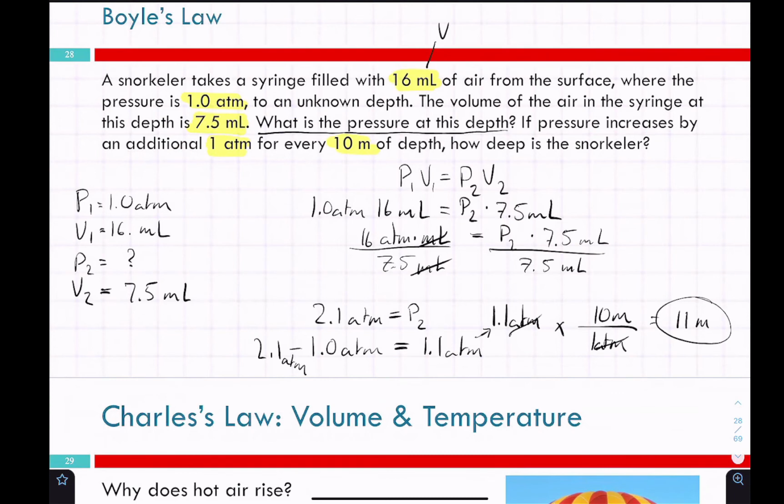We started from 1, and how much did we add to get to 2.1? 1.1. That one's tricky. You could get most of the points if you had multiplied 2.1 by 10. That one's a trickier problem and requires some thinking outside the box instead of just following the formulas.